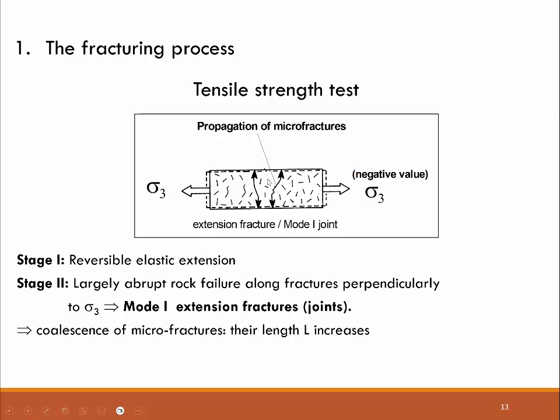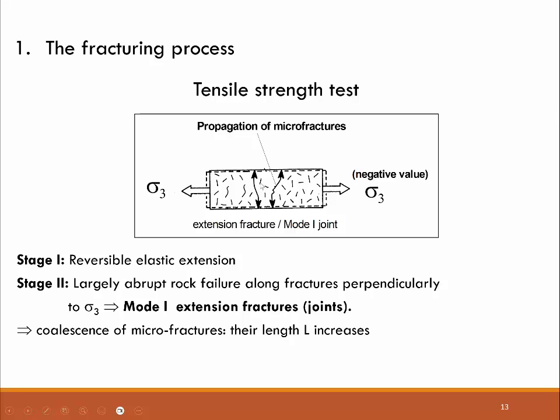We know that every natural rock material already has microcracks, microfractures, grain boundaries, so zones that are irregularly oriented, frequently very short, maybe only a few hundred micrometers long, but some of them will be oriented perpendicular to sigma 3.